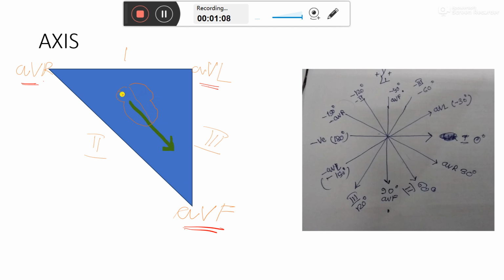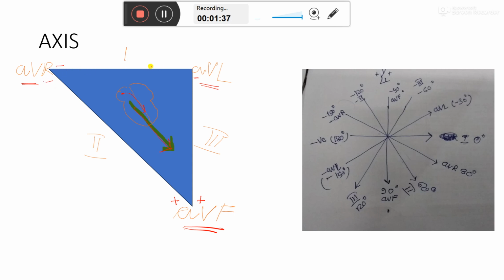So our rhythm is generating from here. The SA node is here, and it is conducting via this route. So the current vector is going via this route. Everything is positive to AVF. Respective to AVF it is quite negative, but everything is in the opposite direction to AVR, so everything is negative to AVR.